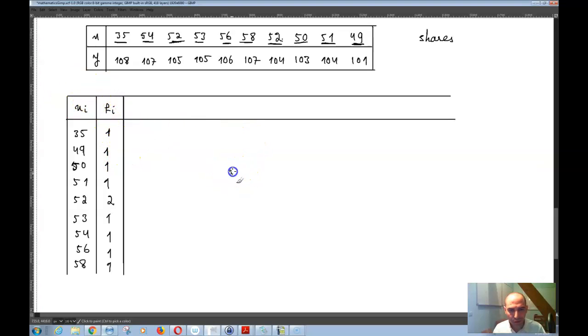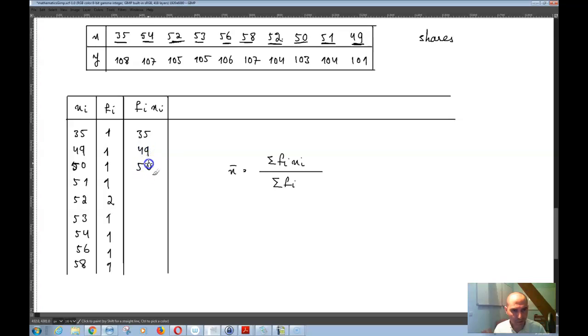So your x bar is equal to sigma f of i x of i divided by sigma f of i. So if I calculate f of i times x of i, what I will get is basically 35, 49, 50, 51, 2 times 52 is 104, 53, 54, 56, and 58.